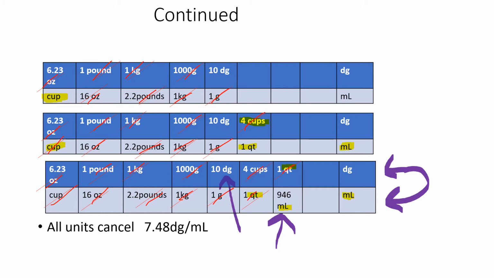I'll run through that calculation again: 6.23 times 1,000 times 10 times 4, divided by 16, divided by 2.2, divided by 946. And after you've done that calculation, you should get that our actual density is 7.48 decigrams per milliliter.